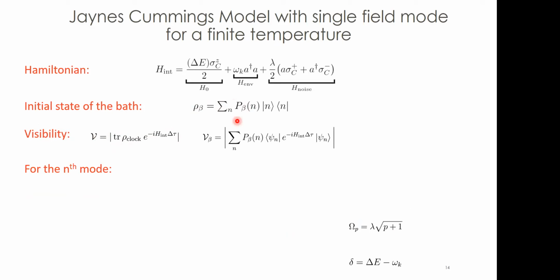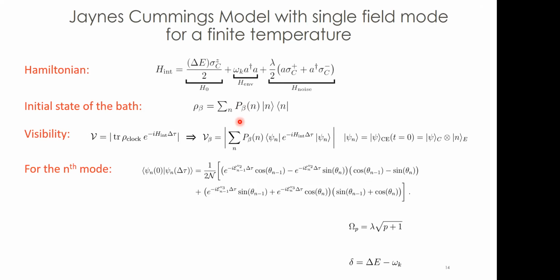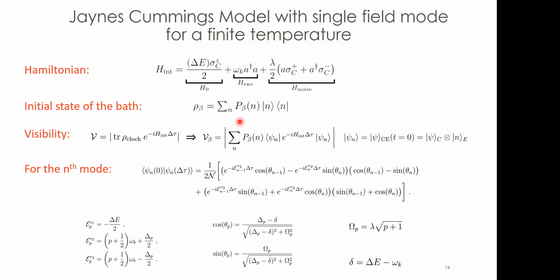So the factors P beta here represent the weighted contributions of the Boltzmann distribution. Again, one can do some analytical analysis and obtain the visibility as a function of all these parameters, and of course of the temperature, as I will show later.